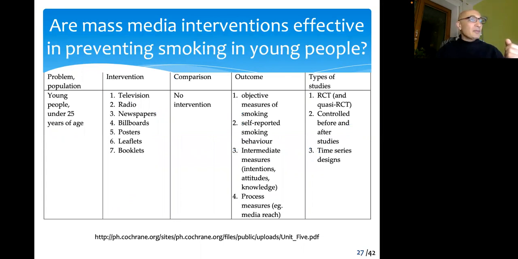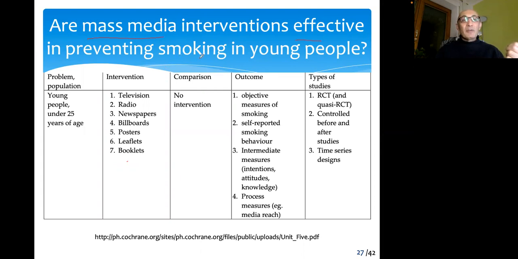And I have 2 more examples. Are mass media interventions effective in preventing smoking in young people? Problem, young people. You have to define the problem. Then intervention. What do we mean by mass media? It can be so many different things. Then comparison group, no intervention, and outcome.